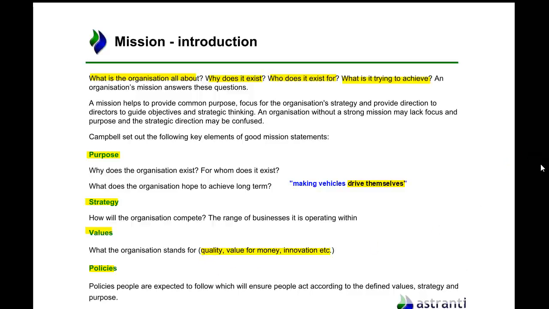What does the organisation stand for? Now, innovation is the big one that I've put on here. And that's because during the pre-seen it mentioned repeatedly how the company values innovation, how the company wants to produce these disruptive technologies.